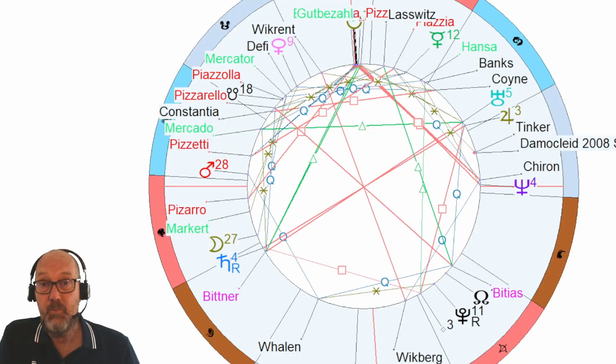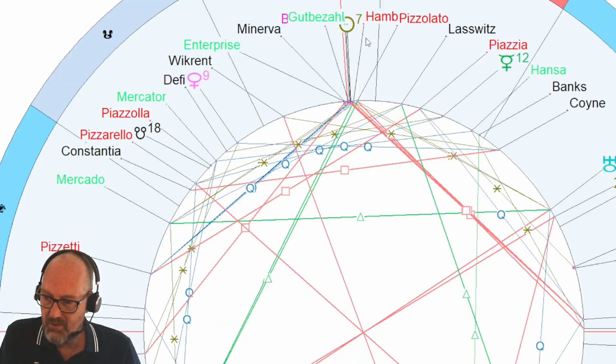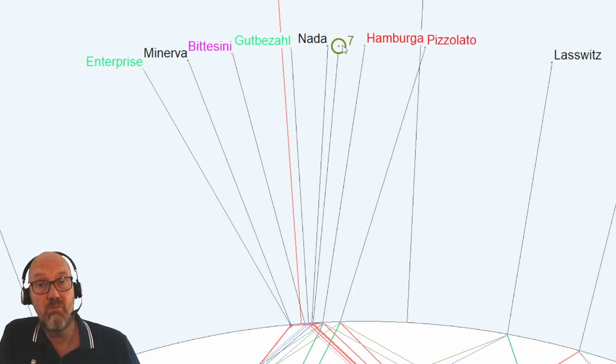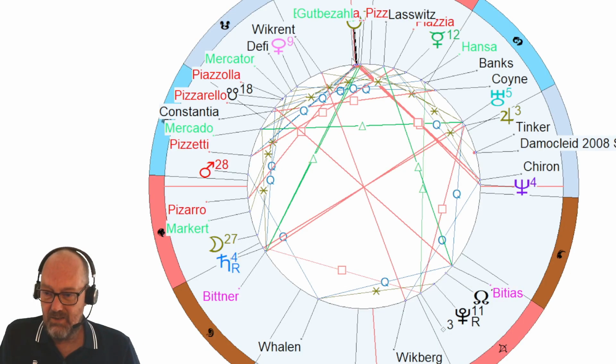It is an example of an important Bittesini placement, and you are right if you cannot find it because it's hiding. There it is. Bittesini is conjunct the sun. Well, that's easy, isn't it? Doesn't get more important than that.